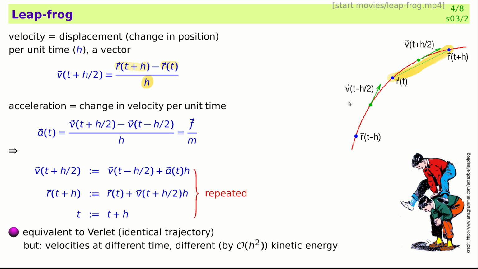But I can say that with certain precision, this average velocity is the same as the velocity at the center of this interval. So I can write this approximate formula.